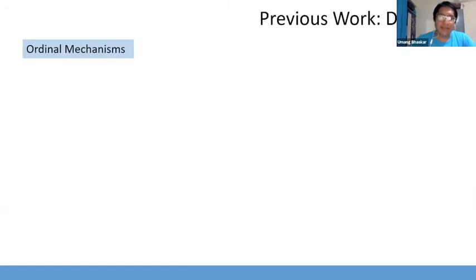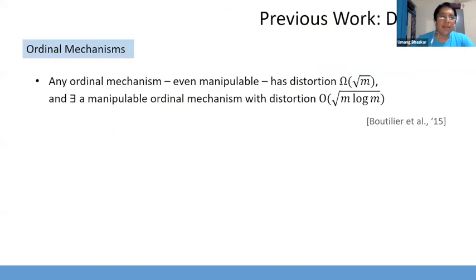Okay, so we have some mechanisms in mind. Let's try and understand what's known about these mechanisms. For ordinal mechanisms, it turns out that we know quite a bit. On distortion, it's known that any ordinal mechanism, even ignoring truthfulness, just because of this loss of information due to moving from cardinal to ordinal, has a distortion of at least omega of square root m.